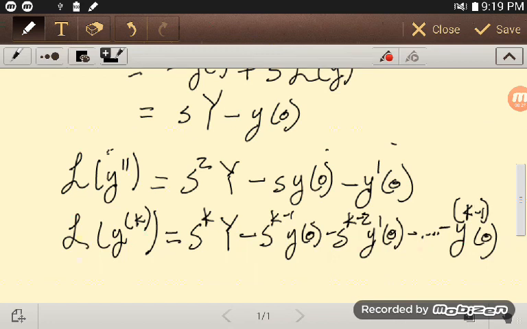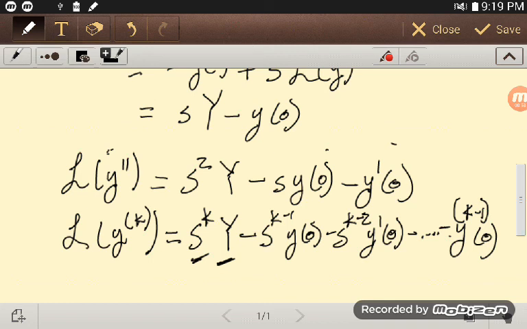To tell you the truth, I don't know that I always remember it, but notice what's happening: if this is the kth derivative, we take s to the k times that Laplace transform of y, and then we just ladder down the powers of s all the way down to 0, s to the 0 at this last one.